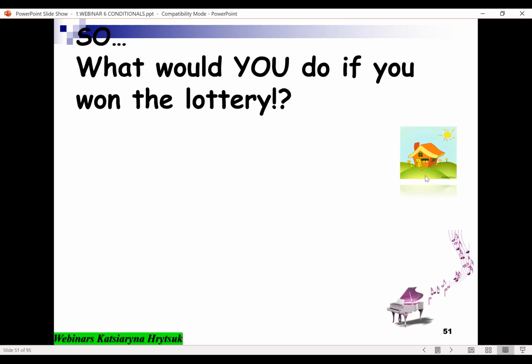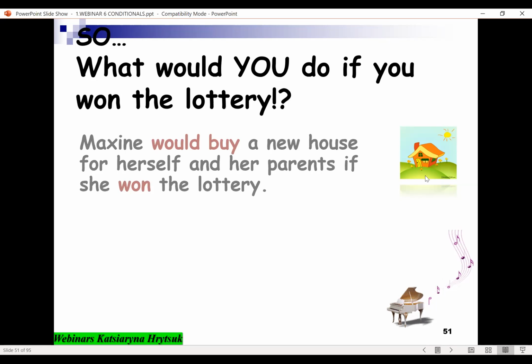If I won the lottery, I would buy a car. Okay, I would buy a car. So house, car, okay, travel around the world, new company, apartment in Bordeaux, no job at all.